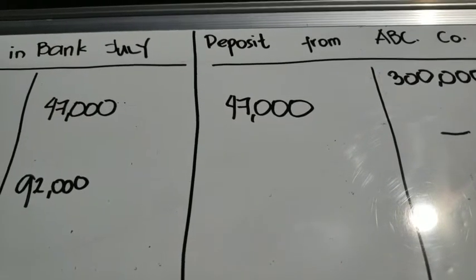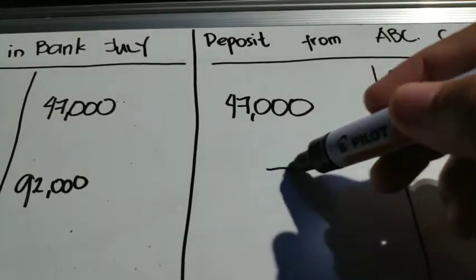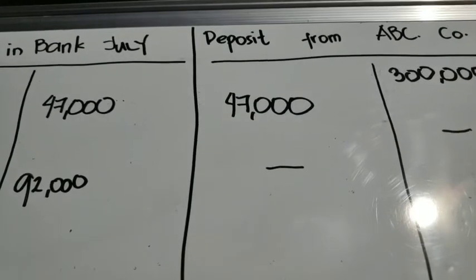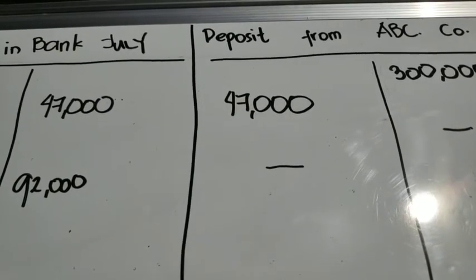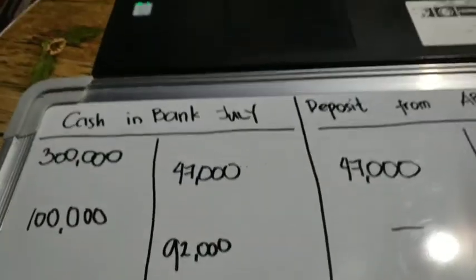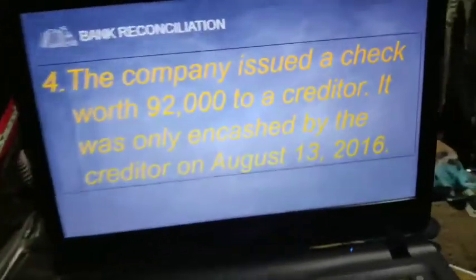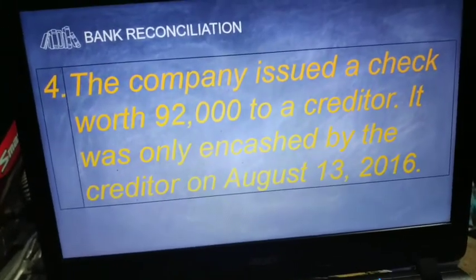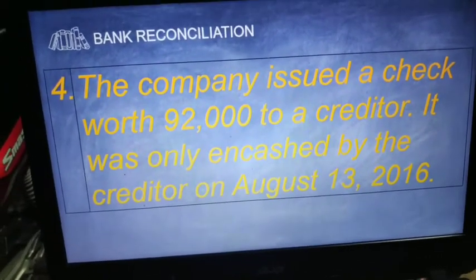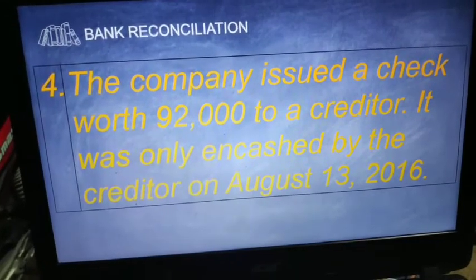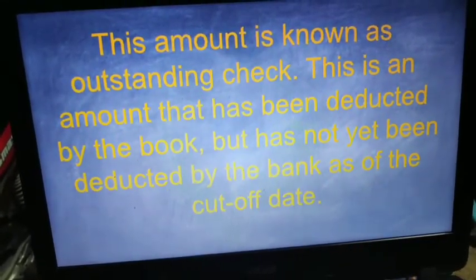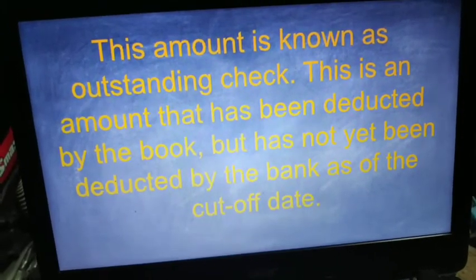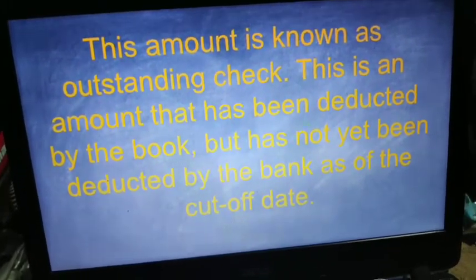It is because August na in cash ang kwarta from the creditor of the company. Now, what is the name of that amount na naka-issue na og cheque but wala pa na in cash to the bank at the end of the month? I'm sorry. So, this amount is known as outstanding check.